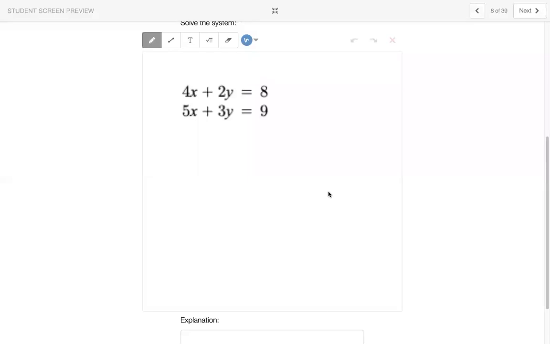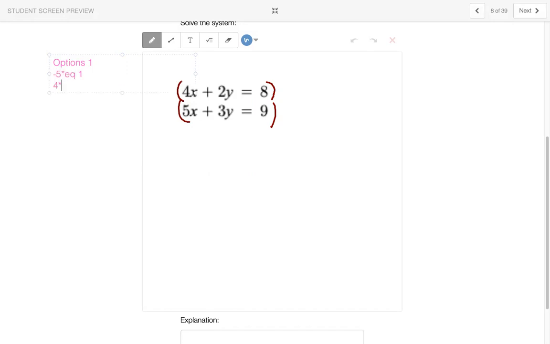This is some more practice using elimination. Well, what do you think we could do? I think, and again, you have a few options. I'll list out one of them. So one of your options here, you're going to eliminate the x term. You can multiply -5 times equation 1.